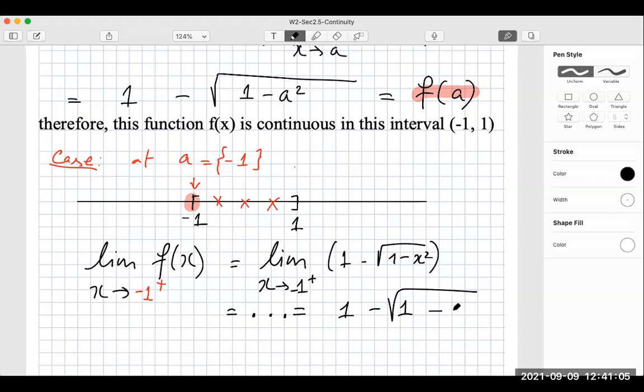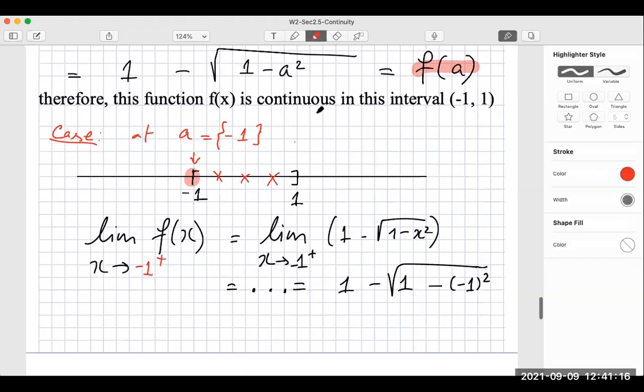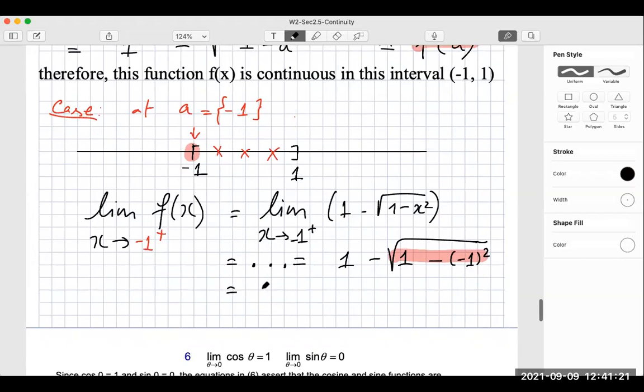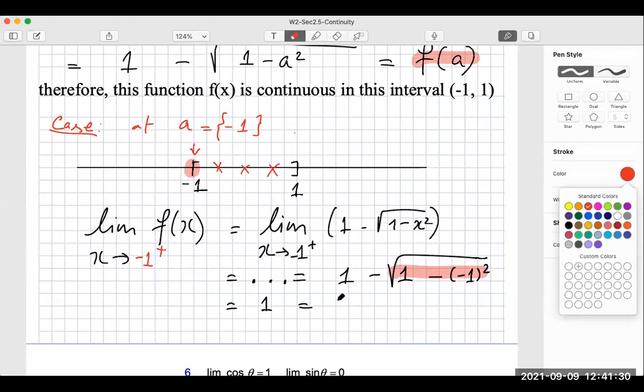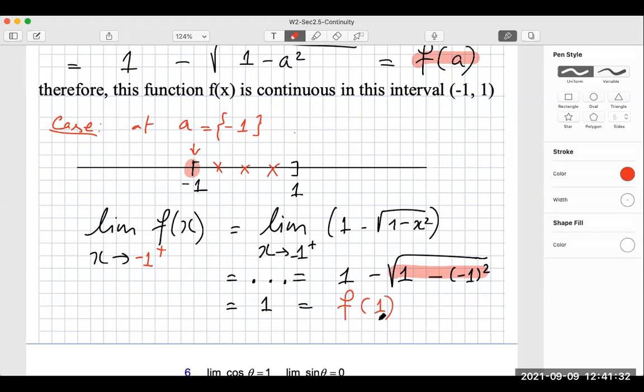Be careful. Yes, very good. And anyway, this will simply be 0, right? So at the end, it will be 1. Is it equal to the evaluation of the function at -1? Yes, it is equal, right? So therefore, it is right-hand continuous at this point. Okay, very good.